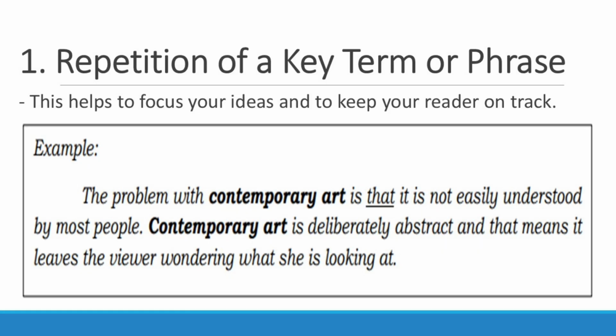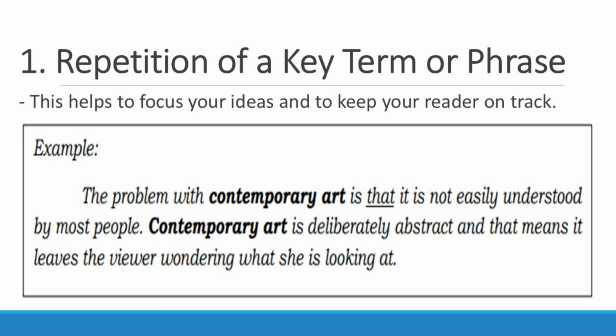First technique, we have repetition of a key term or phrase. This helps to focus your ideas and to keep your reader on track. Example that we have here, the problem with contemporary art is that it is not easily understood by most people. Contemporary art is deliberately abstract, and that means it leaves the viewer wondering what she is looking at.